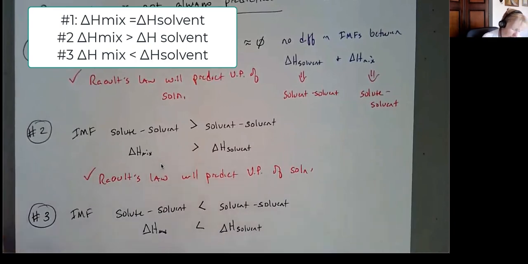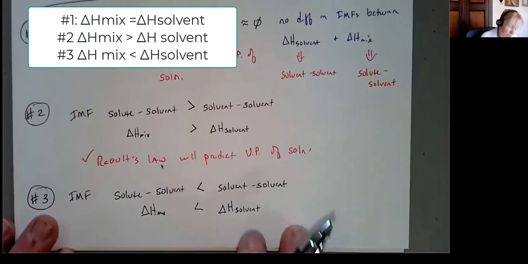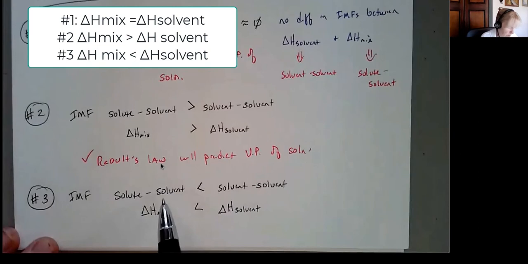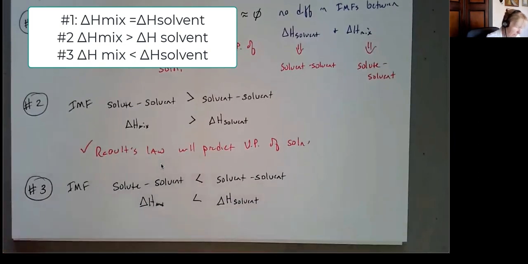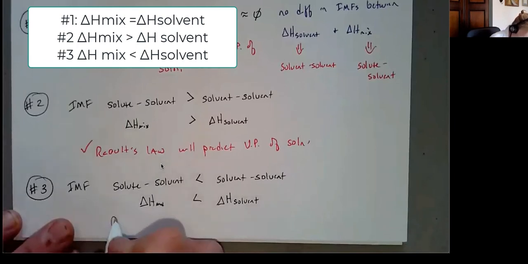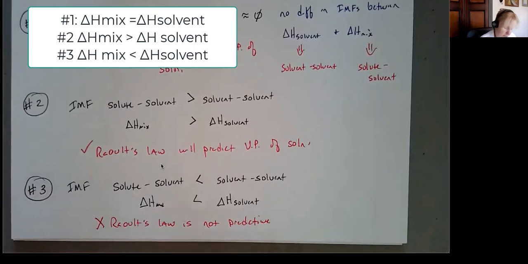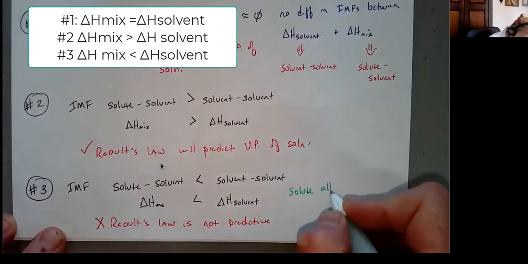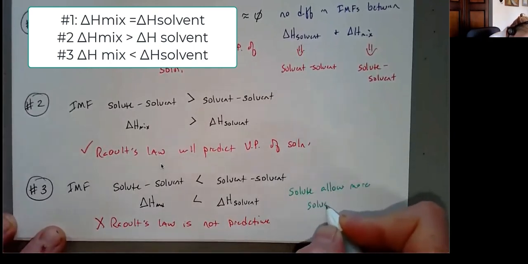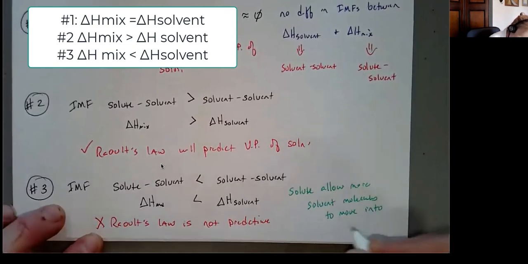Now what happens is, because this is less, the intermolecular force between the solute molecules and the solvent molecules is less, then it's actually going to allow more solvent molecules to move into the gas phase than what you would predict. And so in this instance, Raoult's law is not predictive, cannot use it, because the solute will allow more solvent molecules to move into the gas phase, right?